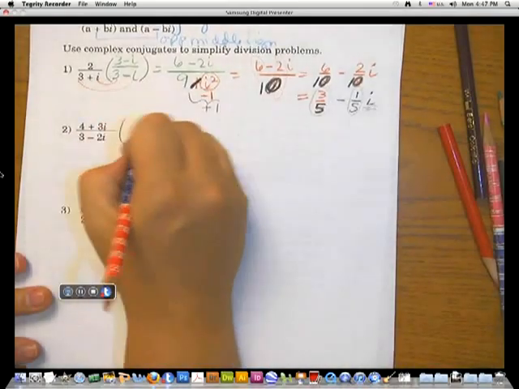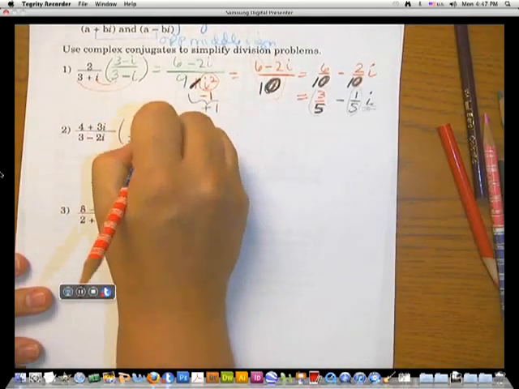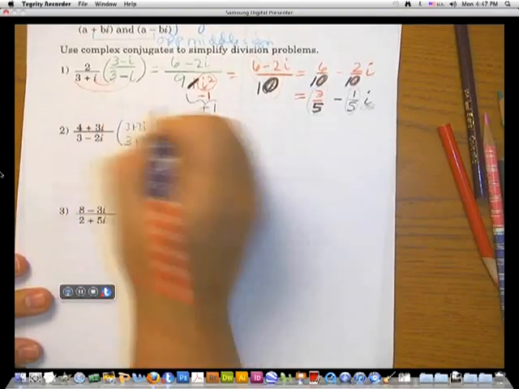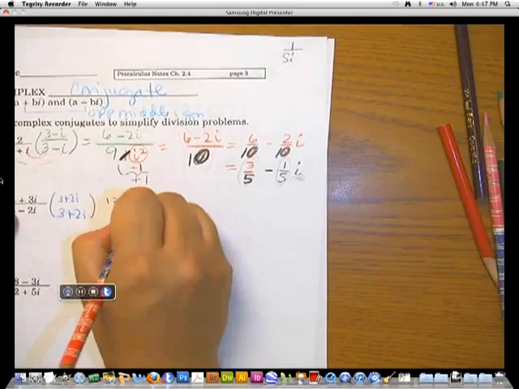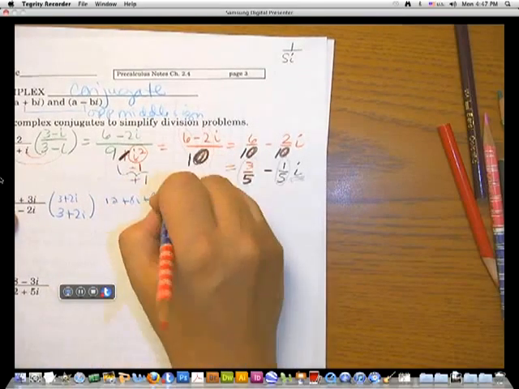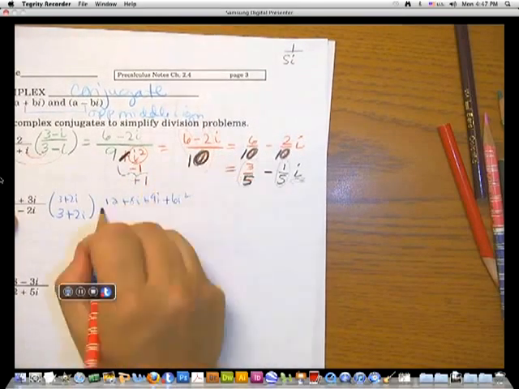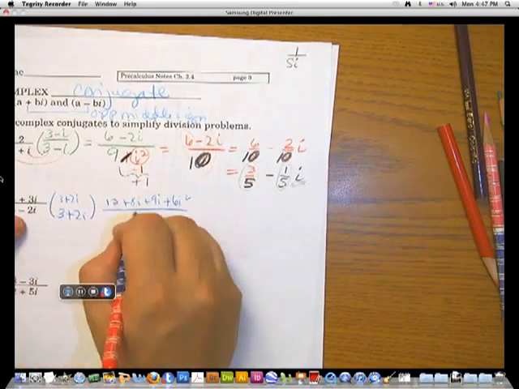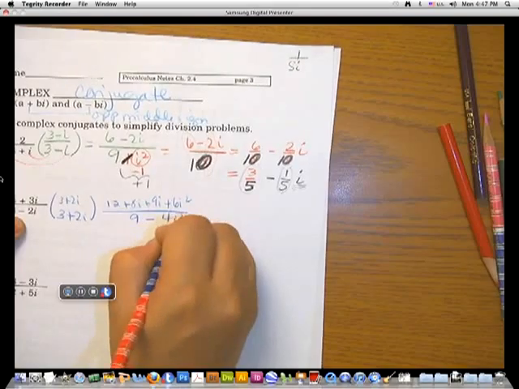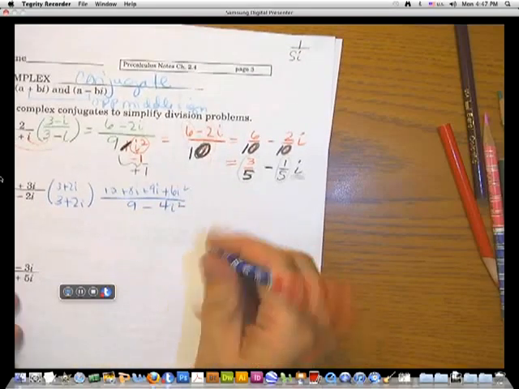Alright, the conjugate for 3 minus 2i is 3 plus 2i. When I distribute on top, I'm going to get 12, 8i, 9i, plus 6i squared. On the bottom, I only care about my first and my last, so I'm going to get 9 minus 4i squared.